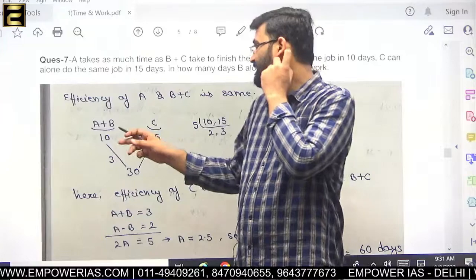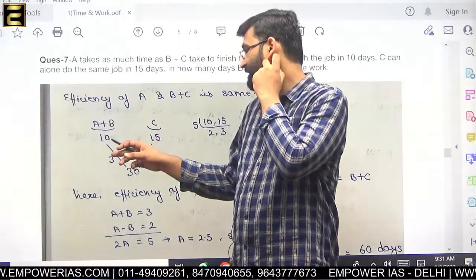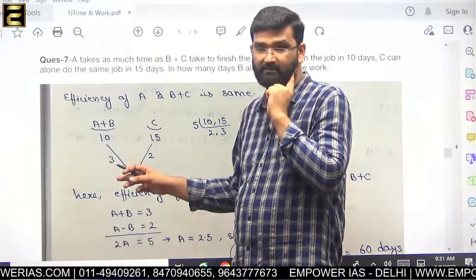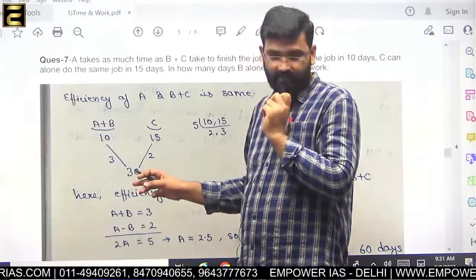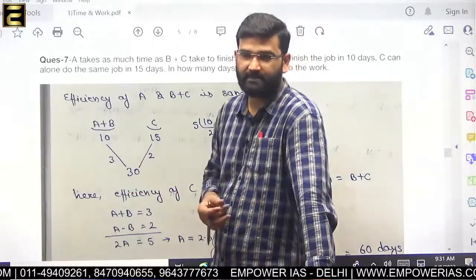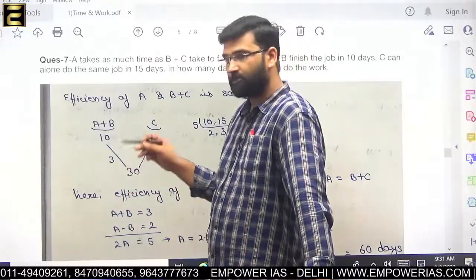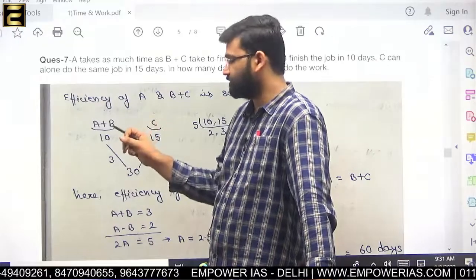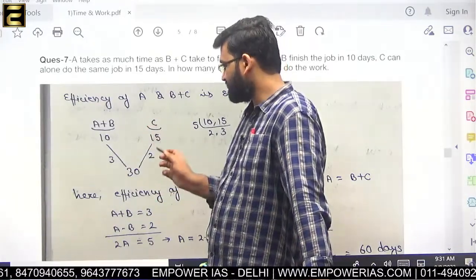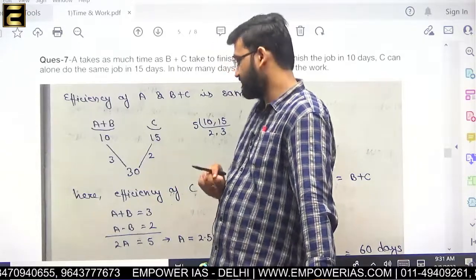Now since A and B are completing the work in 10 days, it means that the efficiency of A plus B will be 3. Why 3? Because total work is 30 units and they are taking 10 days. It means that 3 units of the work are done by this group per day. That is the efficiency. Similarly, the efficiency of C will be 2. Now see here.